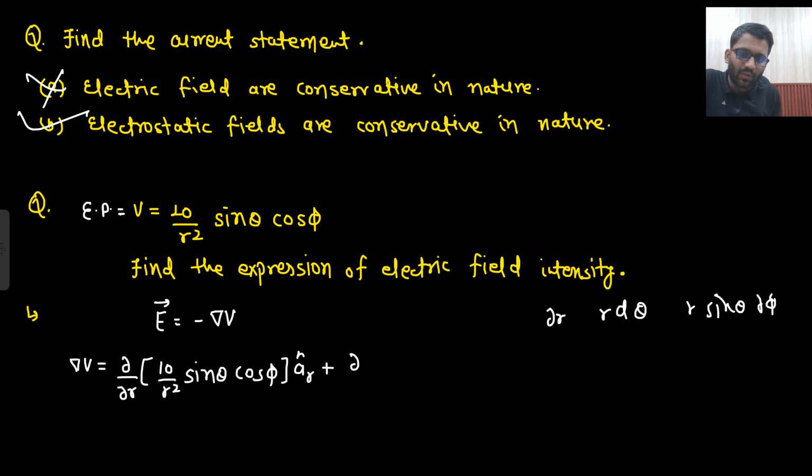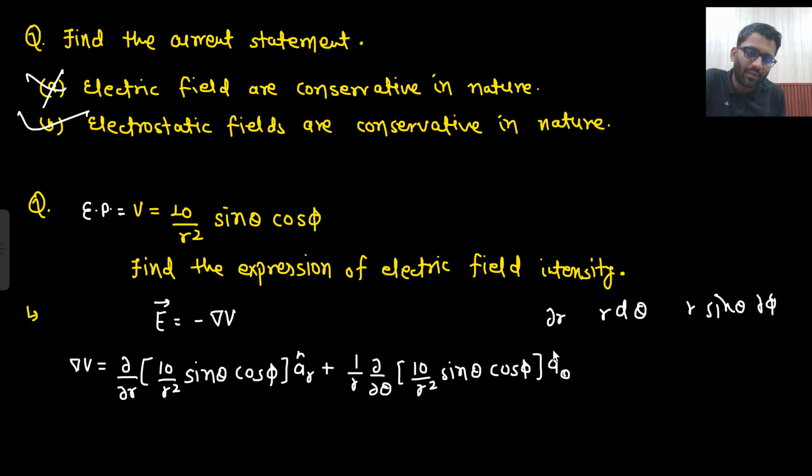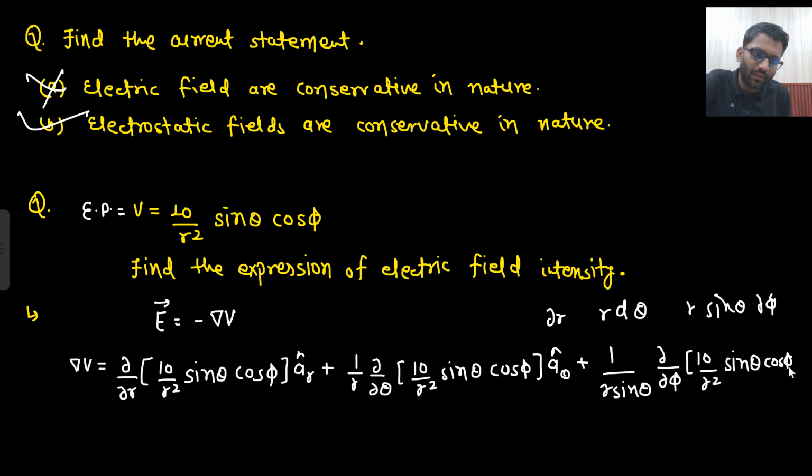So that would be 1 by r d by d theta of tan by r square sin theta cos phi a_theta cap, sorry, not a_r cap, a_theta cap, plus 1 by r sin theta d by d phi of tan by r square sin theta cos phi a_phi cap. Well and good.